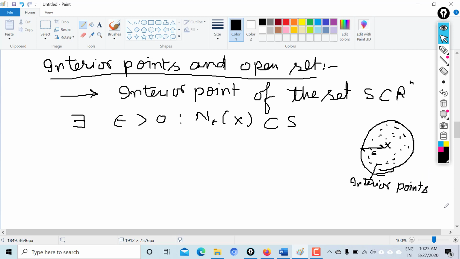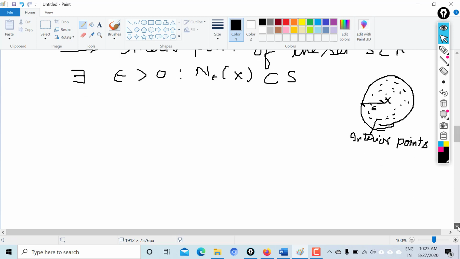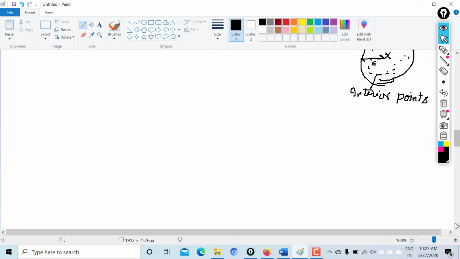Point of closure and closure set. Now the next thing is the point of closure and the closure set.